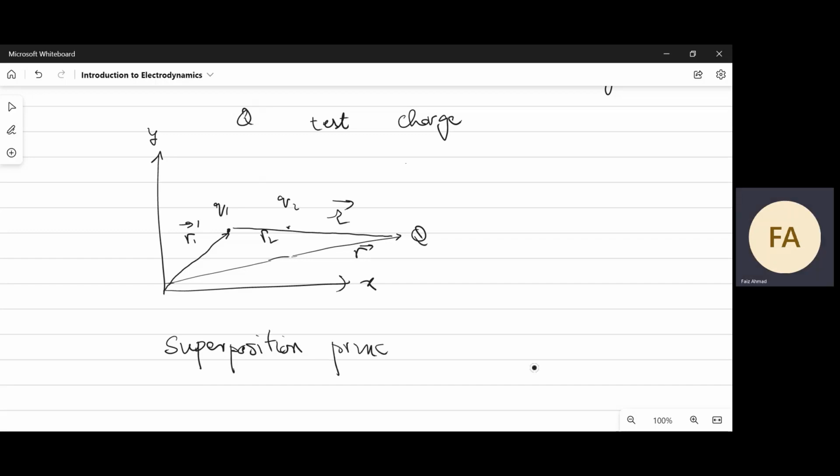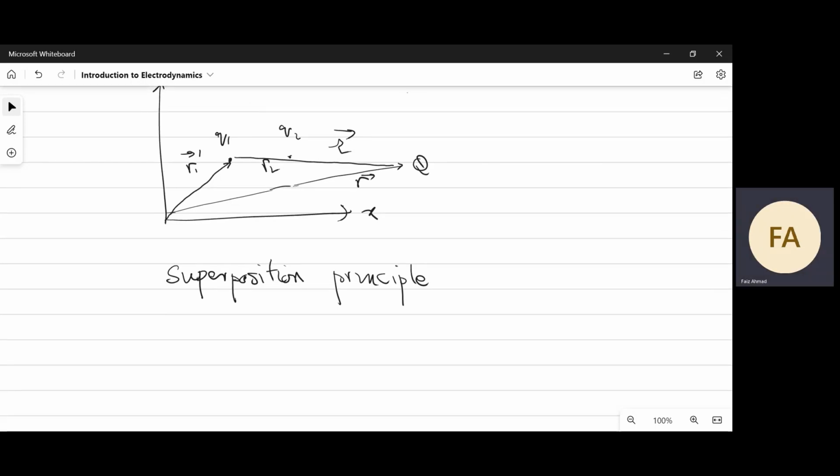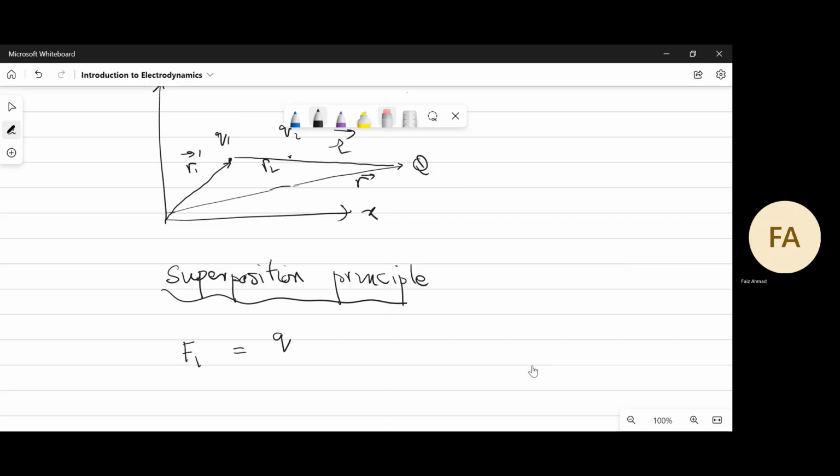The superposition principle says that if you find the force due to Q1 on Q, say this is F1, then F1 is independent of the other charges.